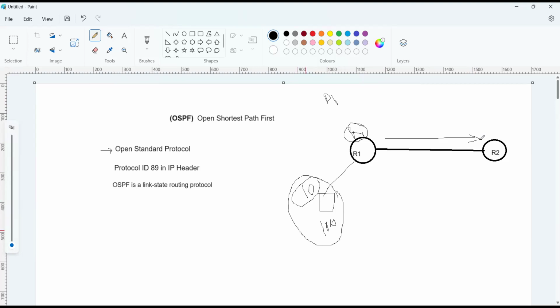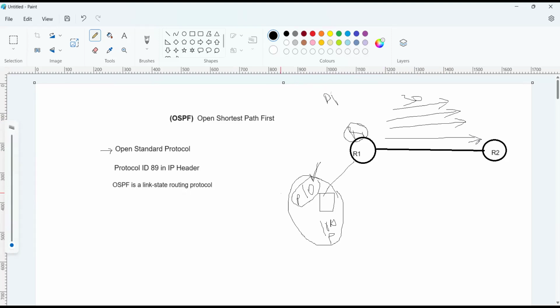If 10 prefixes change, a link state routing protocol sends only those changes, but a distance vector protocol sends the entire routing table periodically, every 30 seconds.